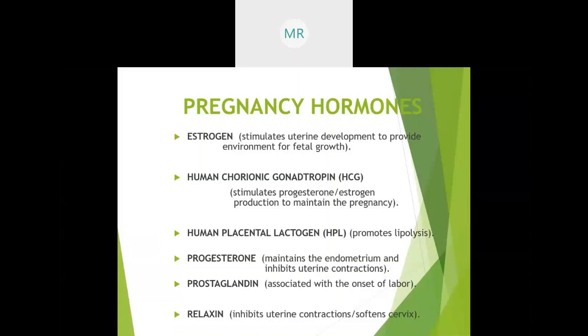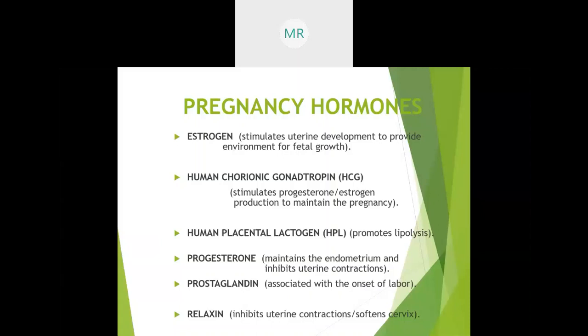We also can do a blood test, and the blood test is a quantitative beta HCG. So the blood test that we can do for the HCG is quantitative. It gives you numbers, and it closely monitors the development of a pregnancy. The levels continue to increase.